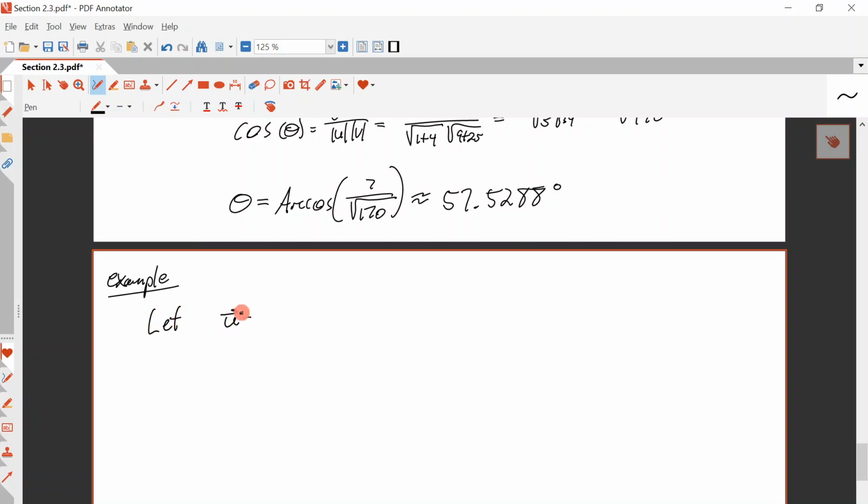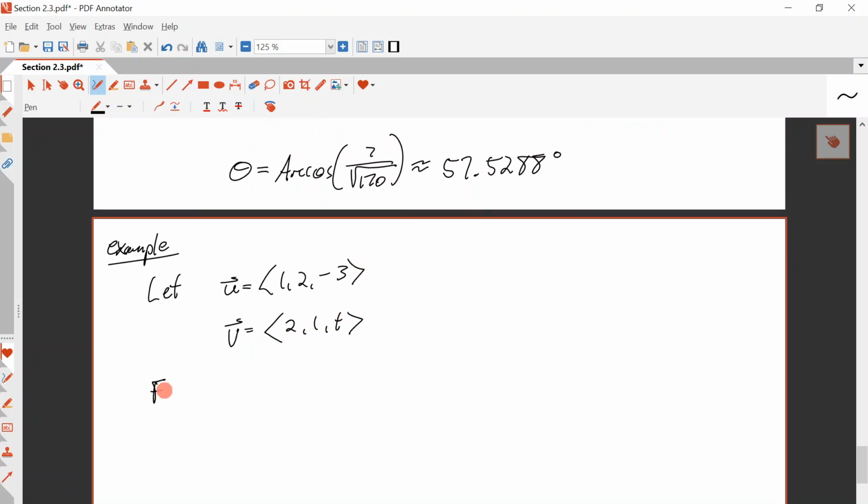Let u equal 1, 2, minus 3, and v equal 2, 1, t. Find the value of t so that u and v are orthogonal.